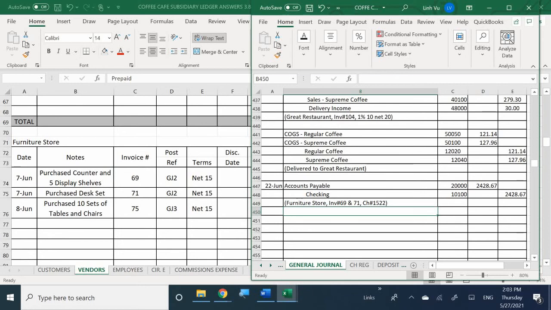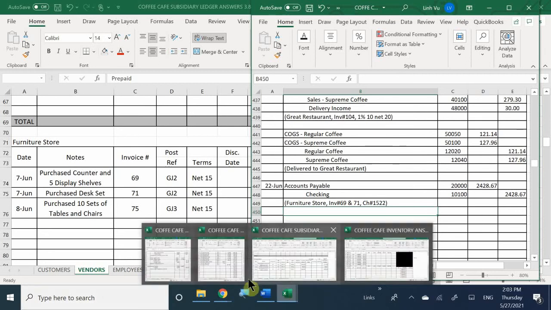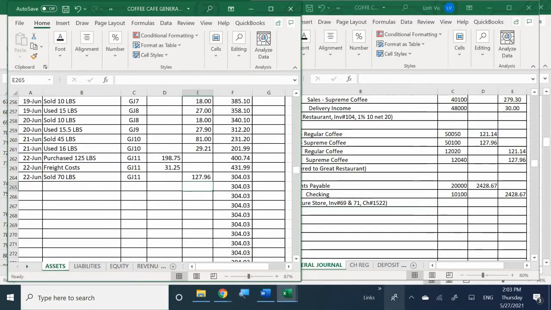Down to our general journal ledger, 622.